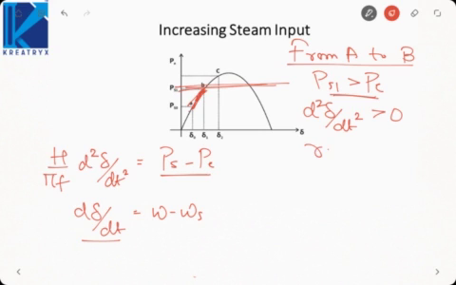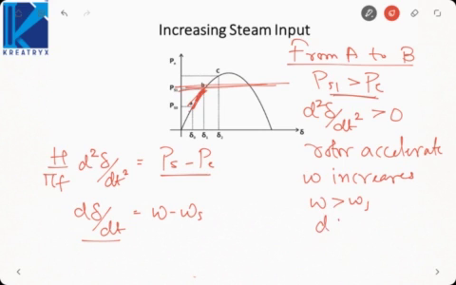That means the rotor will accelerate from A to B, so speed will increase. And if speed increases, omega will become greater than omega s, d delta by dt will be greater than 0, so delta also increases. So as we move from A to B, delta will increase. Now as soon as we reach point B, what will happen?